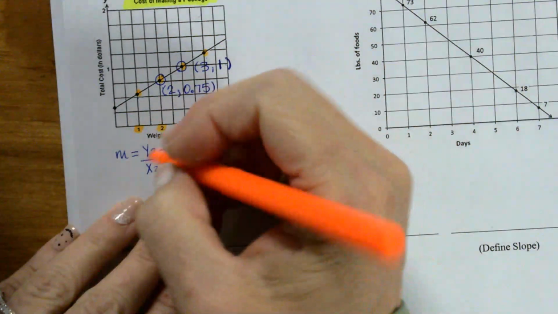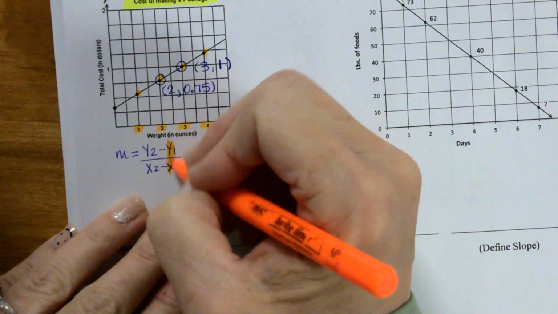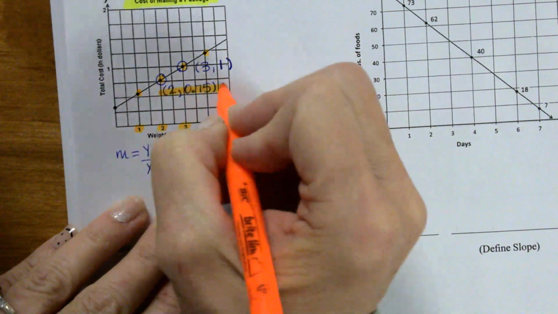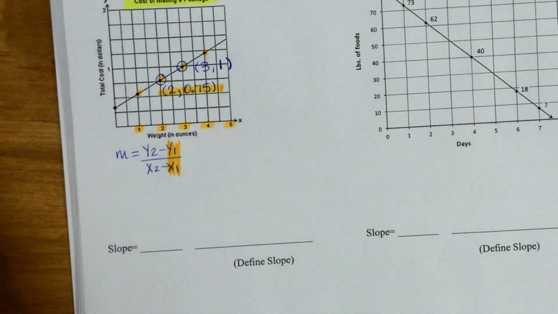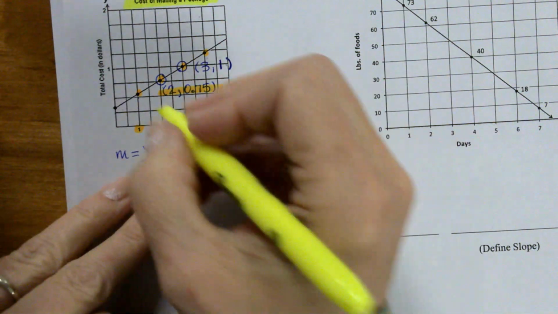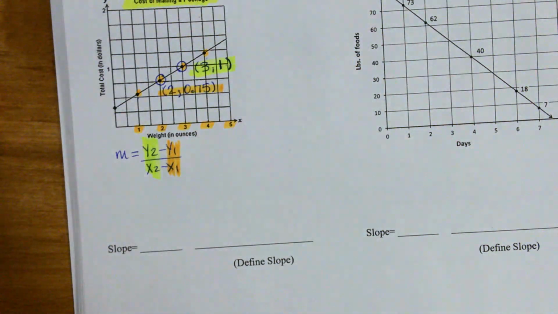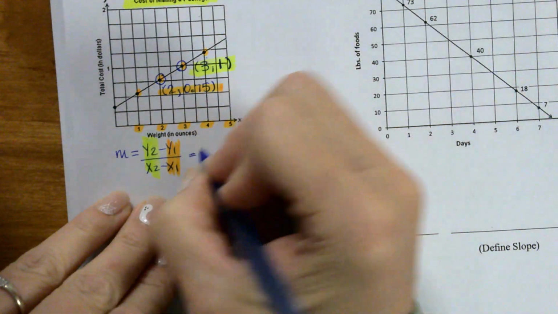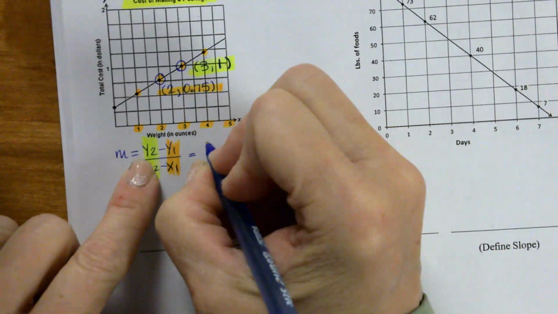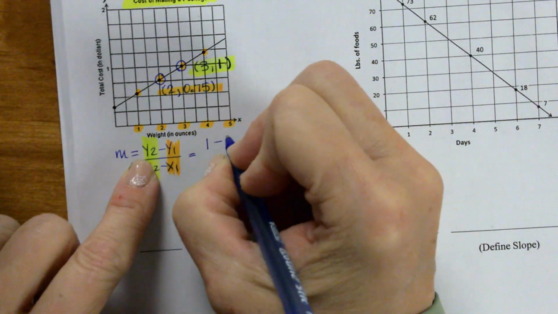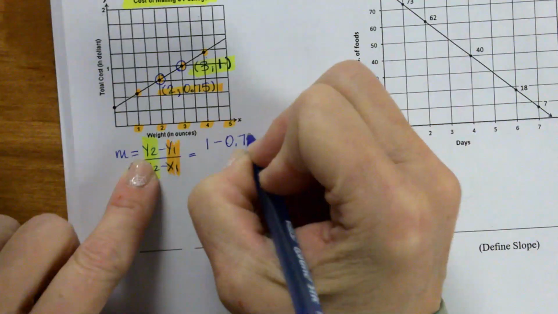Okay, the y1, x1 are those, and the 2's are those. So I highlighted it. Remember, I go left to right. So I'm going to put in 1 takeaway 0.75.